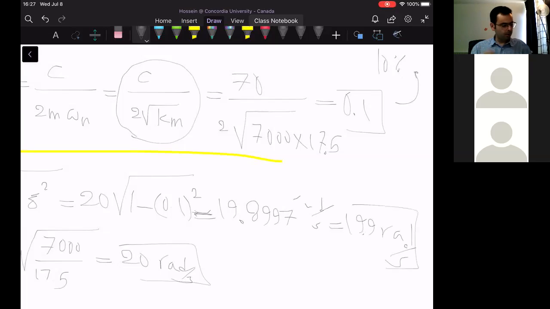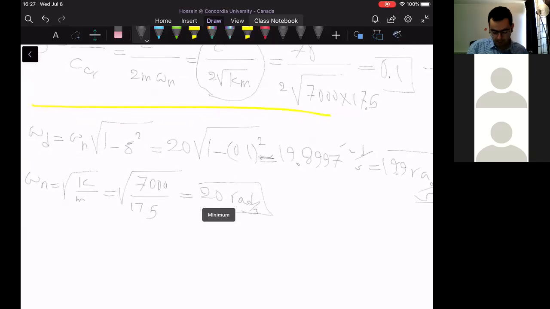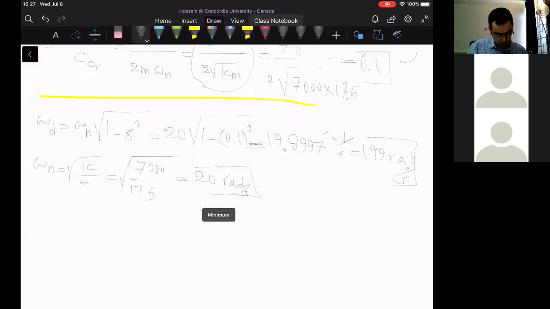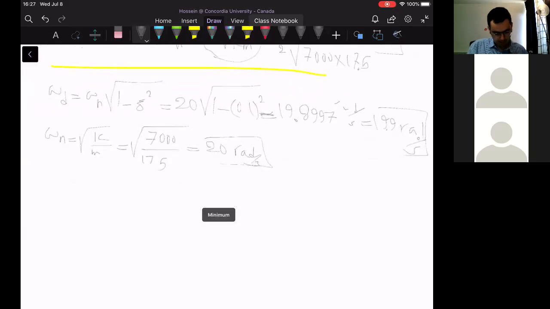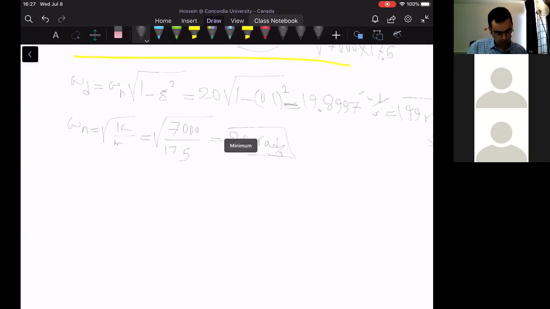There is a small difference between the damped natural frequency omega d and the natural frequency due to the damping ratio. So we are done with part B.